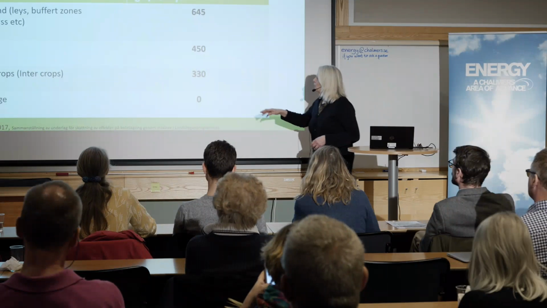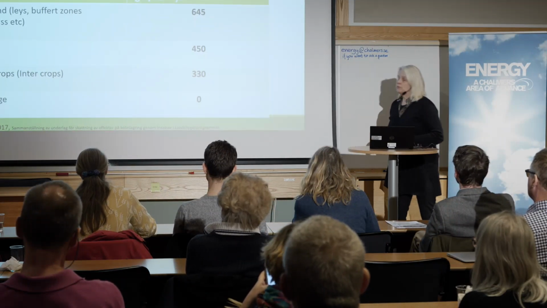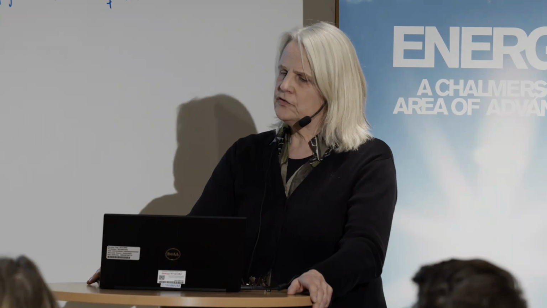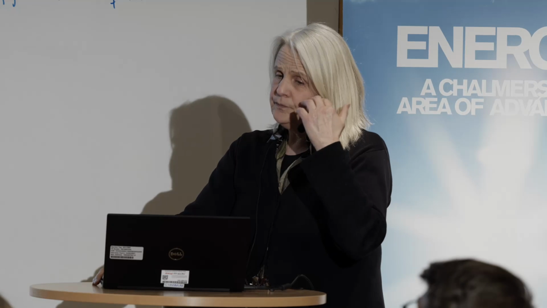And here we know also, as Uffe said, we can actually have some problems with more nitrous oxide, so this is just the carbon. And please see here, we talked so much about having a no-tillage system as a way of not having so much decomposition of carbon, but actually more and more studies show that this is actually not so efficient.